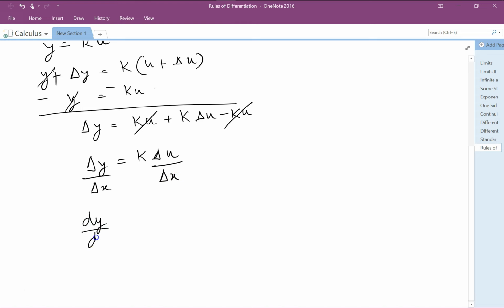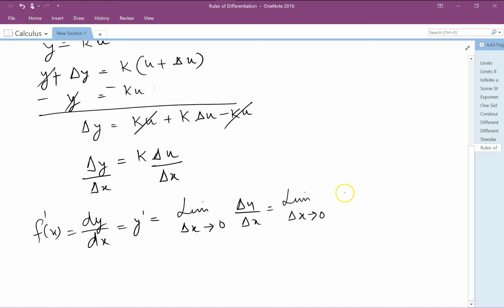So dy by dx, or we can say f prime of x, or we can say y prime is equal to limit as delta x approaches 0 of delta y by delta x, which is equal to, as delta x approaches 0, of k delta u by delta x, which is equal to, if we take the limit, it is nothing but k du by dx.